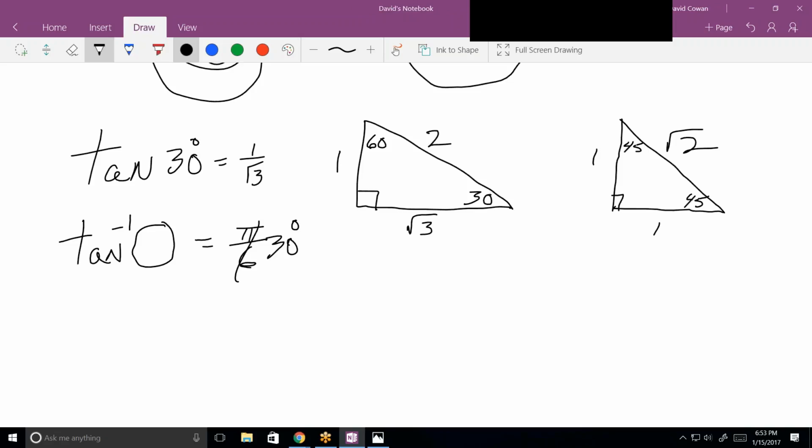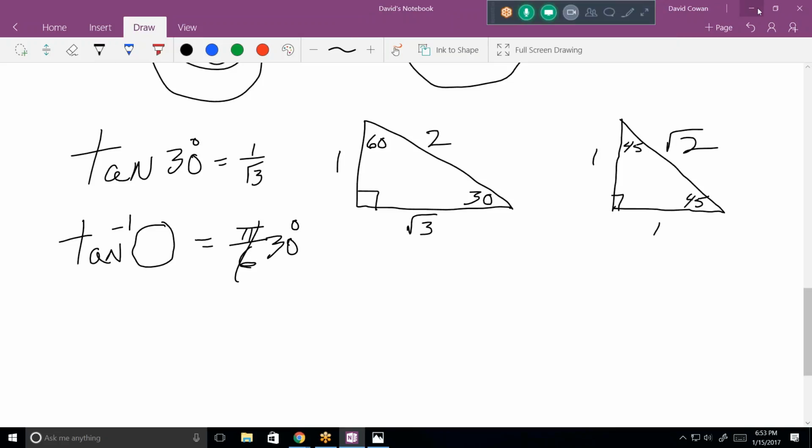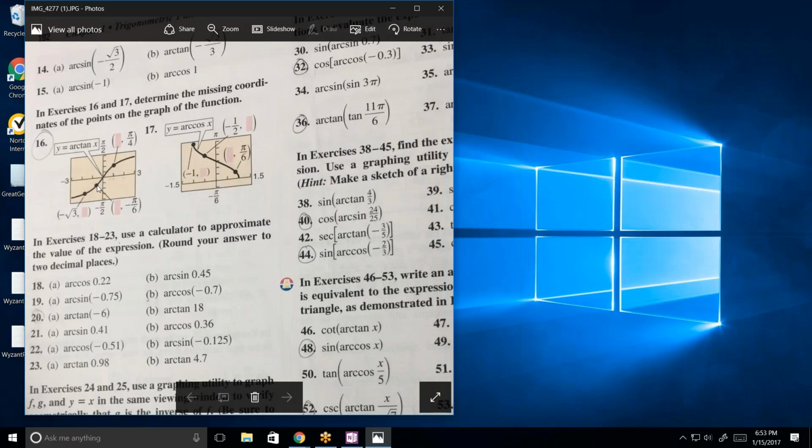So if we look back at that problem and we look at this point right there, their answer is negative 1 over square root of 3 for the x-coordinate.